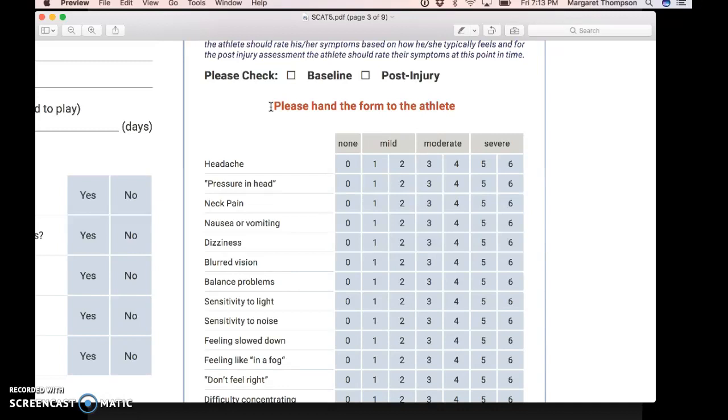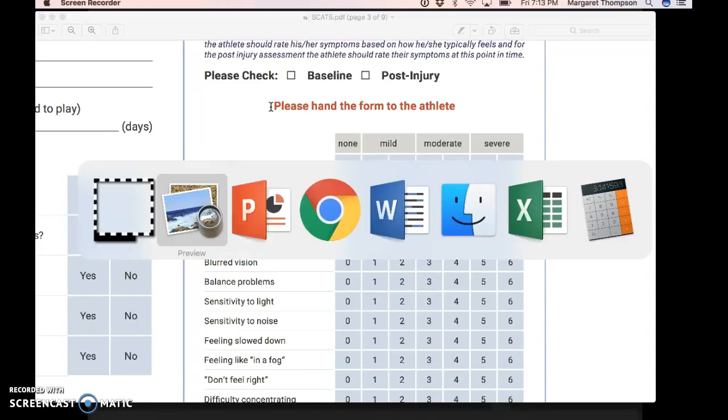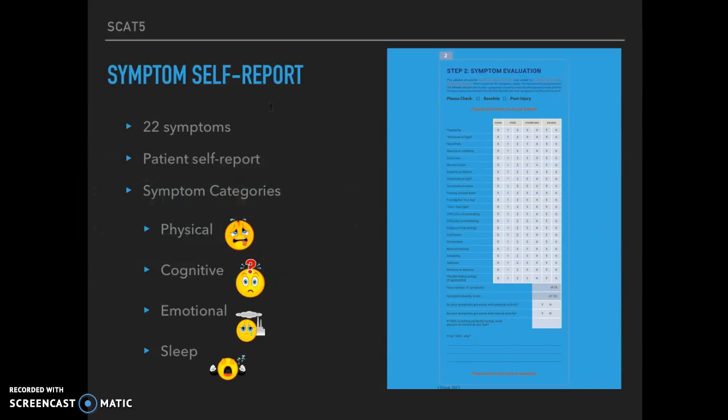It's an easy form of assessment to do, but it's also easy for them to lie. So then we have to incorporate those cognitive tests and those postural stability tests in order to make sure they're not lying to us. All right. So just as I mentioned before, we have physical, cognitive, emotional, and sleep questions on our symptom evaluation.